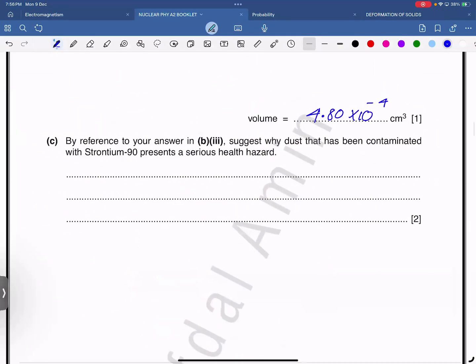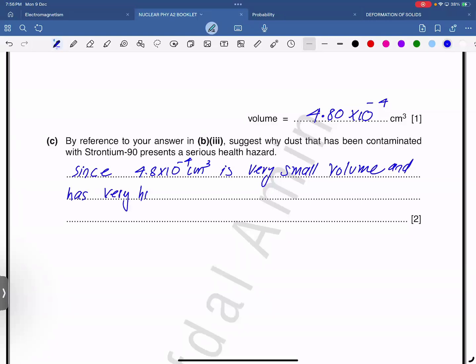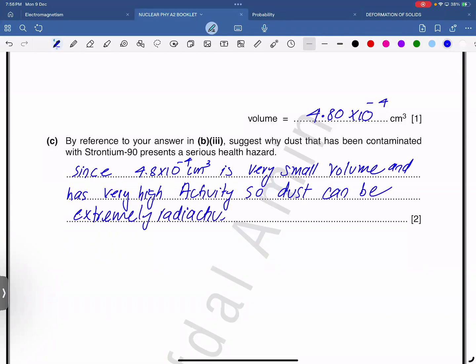Since 4.8 times 10 power -4 centimeter cube is a very small volume and has very high activity, the dust can be highly radioactive, extremely radioactive, causing health issues. Use the same word, hazard.